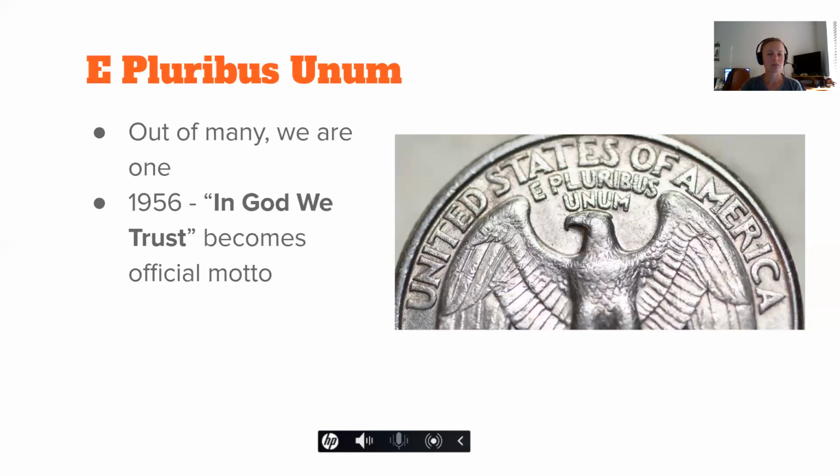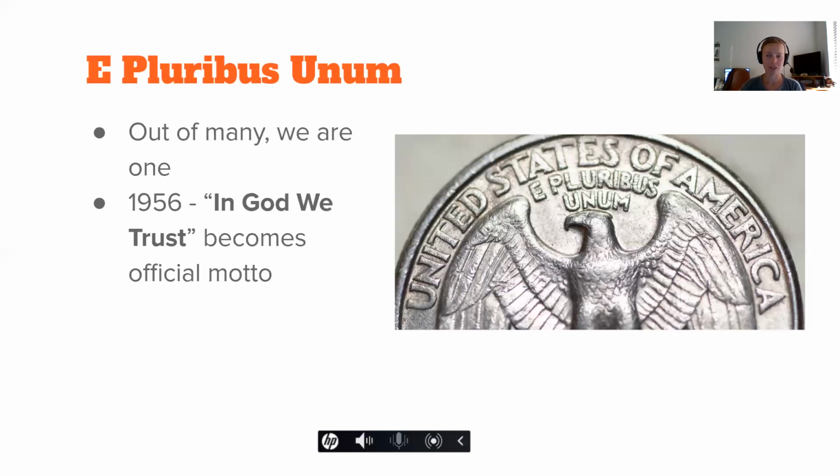There's also another motto, "In God We Trust," that you might see on money. That is the official motto legally from 1956 during the height of the Red Scare and the Cold War. Basically, we were in a war against communism and the Soviet Union, and that's Russia. And to make ourselves different from those godless communists, we wanted to emphasize our religion.